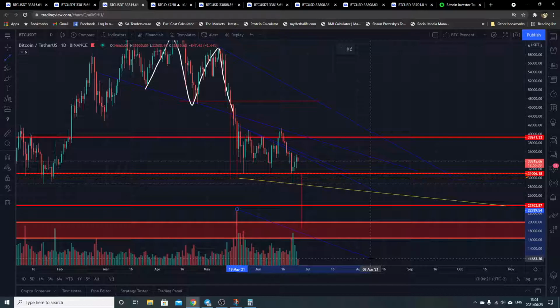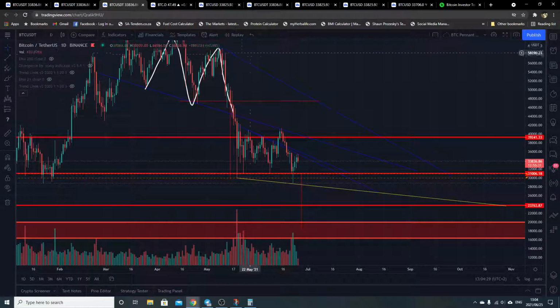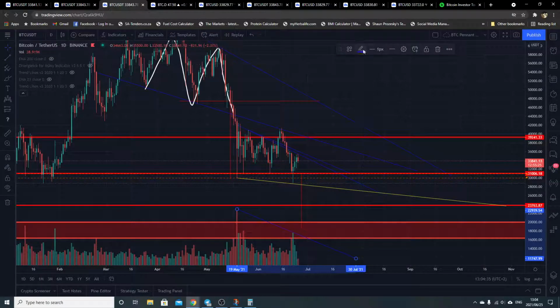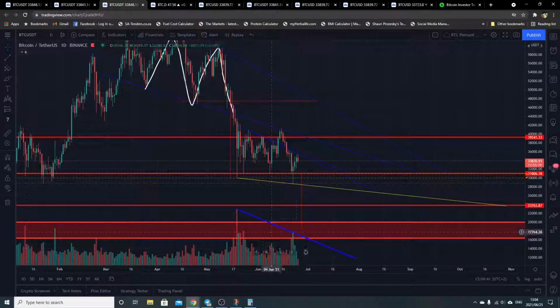For a bullish breakout, the volume is decreasing. I just deleted everything there. The volume is decreasing, as you can see there now. Let me just make it wider for you guys so you can see clearly.